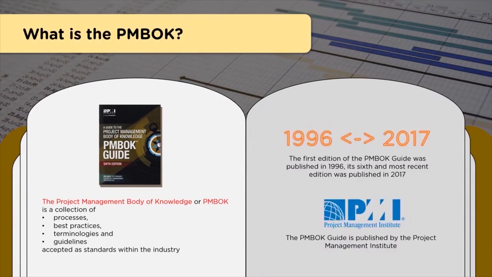The latest edition of this is the 6th edition, which was released in 2017. The first edition of the PMBOK guide was published in 1996, and the 6th edition, as I mentioned, was released in 2017, and the exam format was revised from 26th March 2018. The PMBOK guide will become the basic reference to appear in the PMP examination. One needs to go through training based on PMBOK guidelines, so that will help them pass the examination easily.